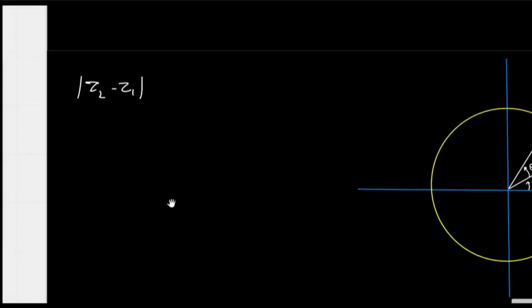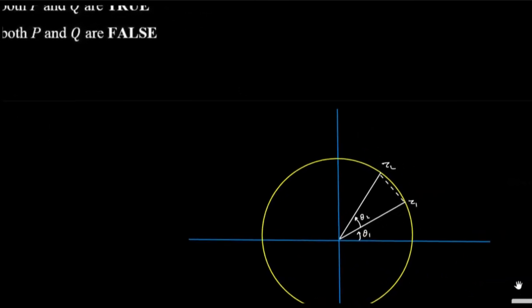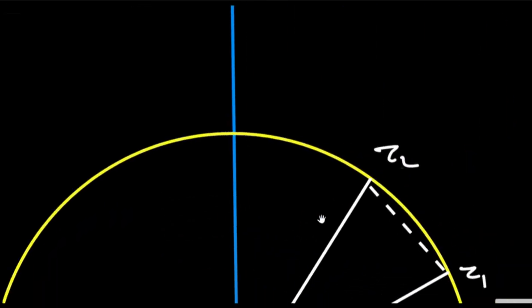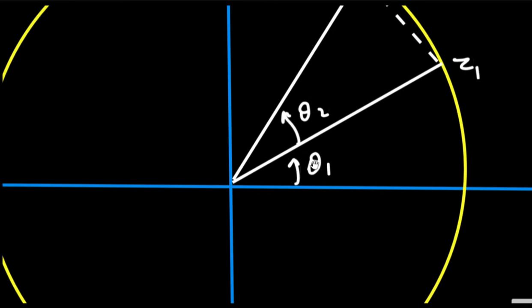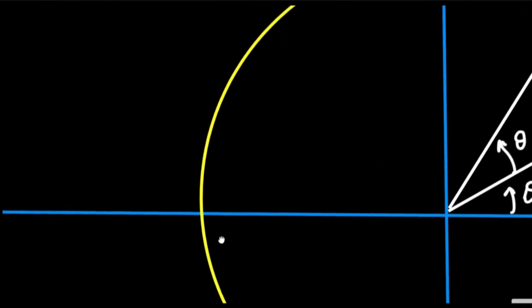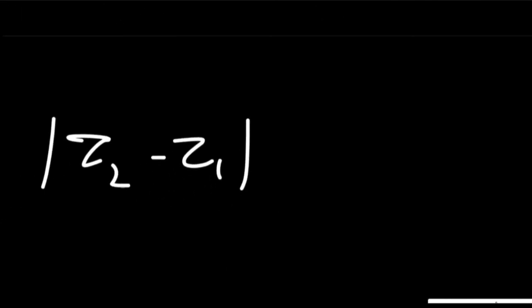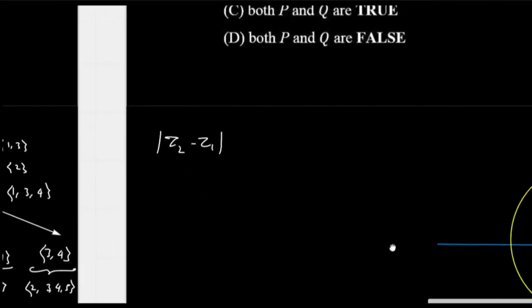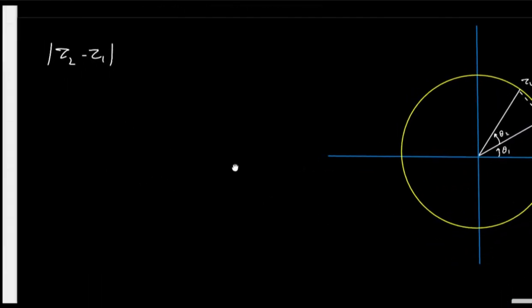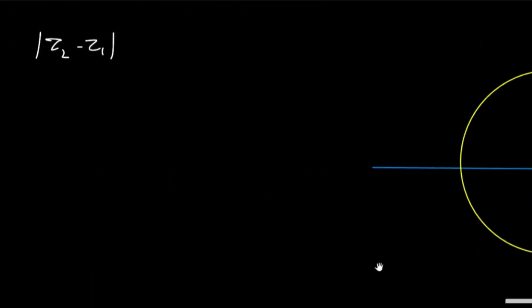So Z2 minus Z1 is the distance here, and this distance is always less than the arc produced by this angle. The arc produced by this θ2 angle will be longer. So we can say very safely that Z2 minus Z1 is always less than θ2.